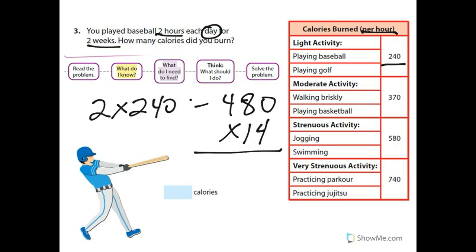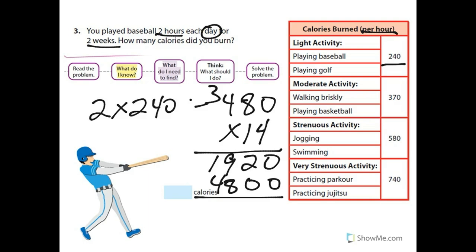So 4 times 0 is 0, 4 times 8 is 32, carry that 3, 4 times 4 is 16, 16 plus 3 is 19, and then I just need to put 480 because it's multiplied by 10, so 6,720 calories. Now I'm going to show you the other way.